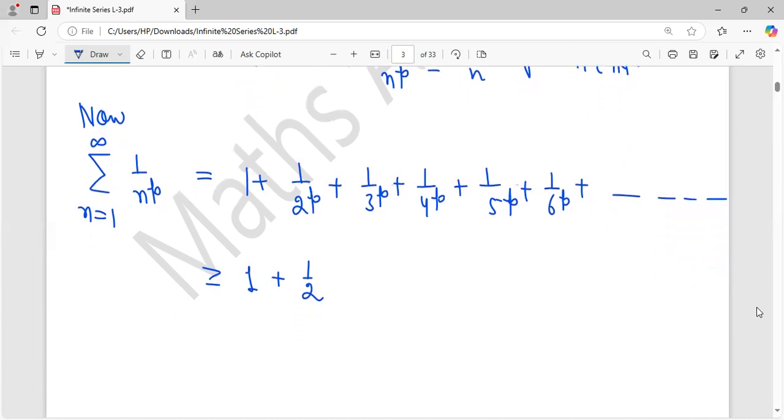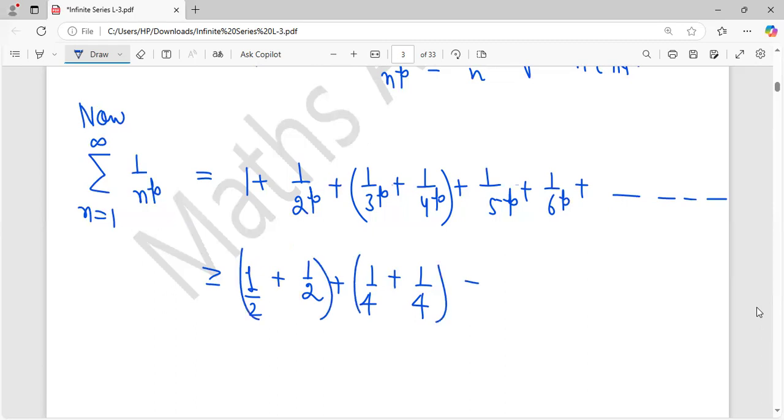In place of 3 to the power p, I can put 4, and I can combine them.